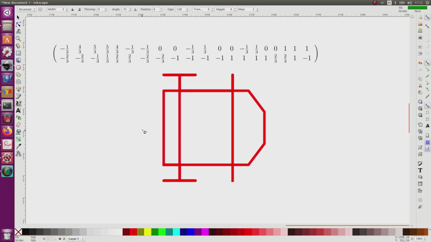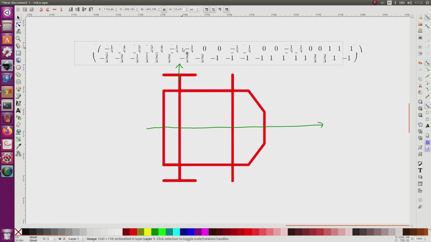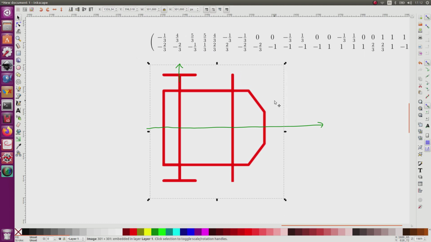I consider here to draw it and to build my matrix, which is given here. Something like this. And I will have several points. The first point may, for instance, be this one.